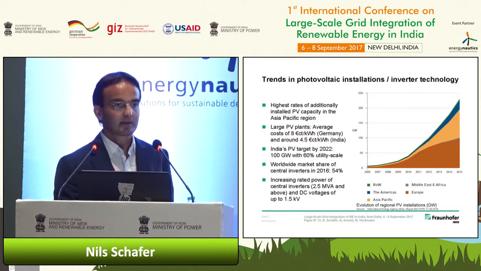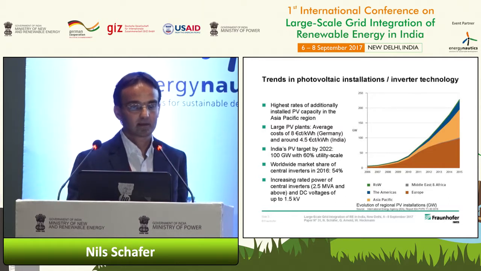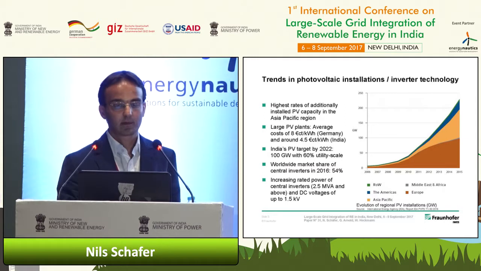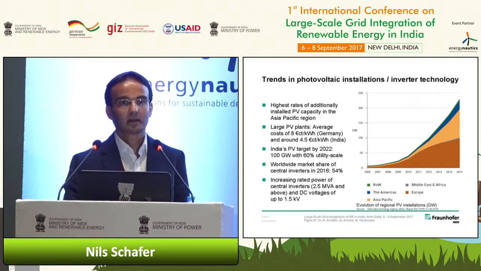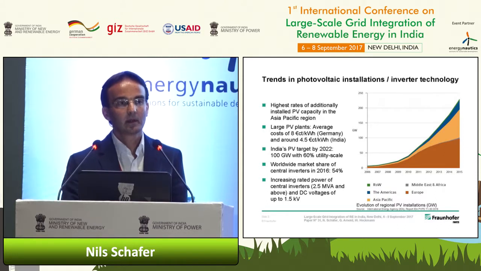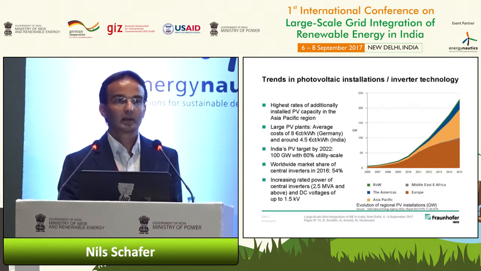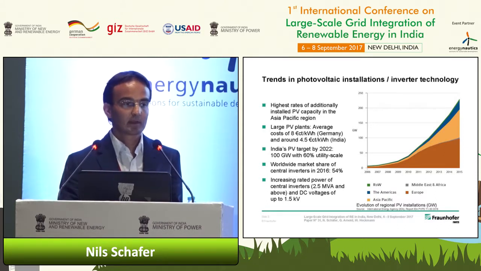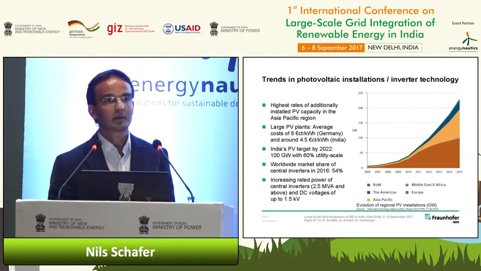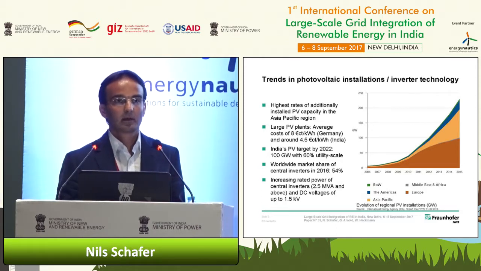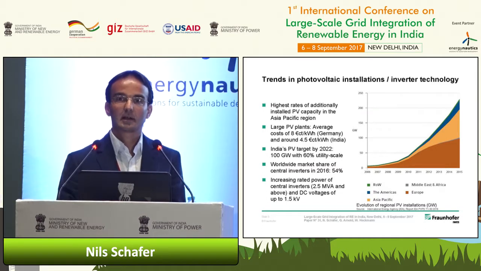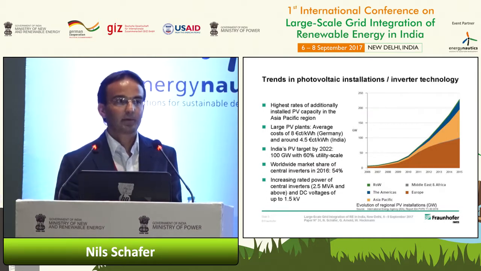And as discussed in the last days, India's PV target by 2022 is 100 gigawatt, with 60% installed at the utility level. Utility level installations are usually done by central inverters, so inverters of big power size, maybe above 500 kilowatt per inverter.